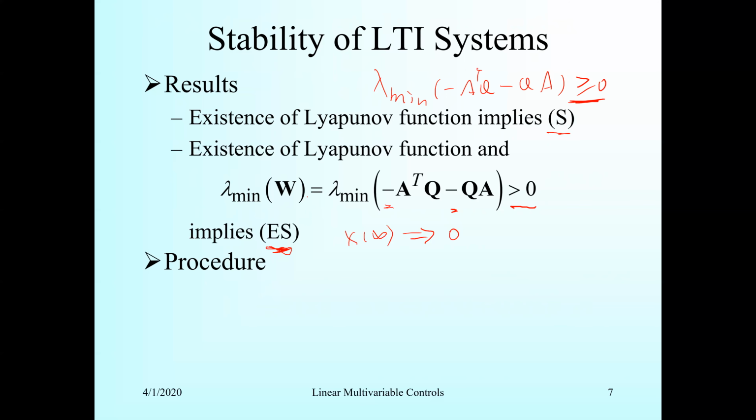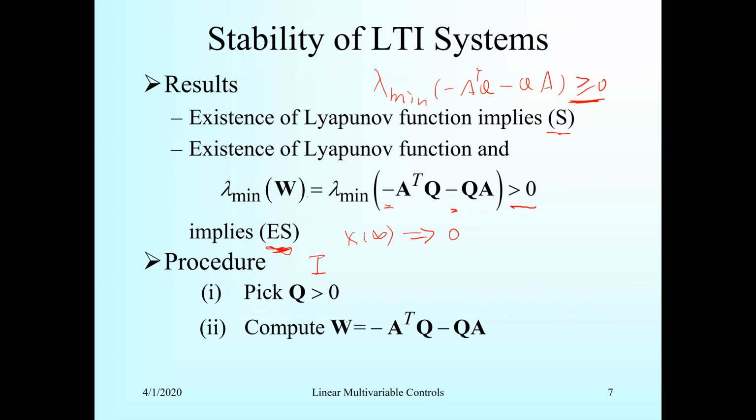So the procedure of checking is you choose Q greater than 0. You have infinite choices in here depending on the convenience. Usually you start with I. Then you compute matrix W. Then you check if W is PSD.